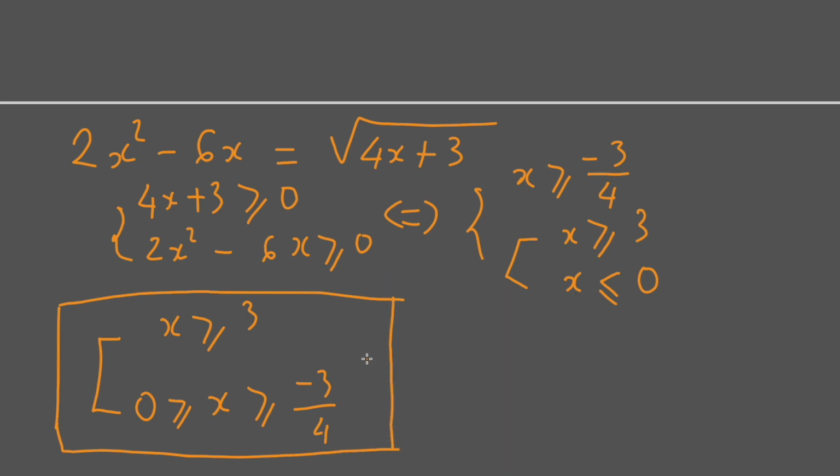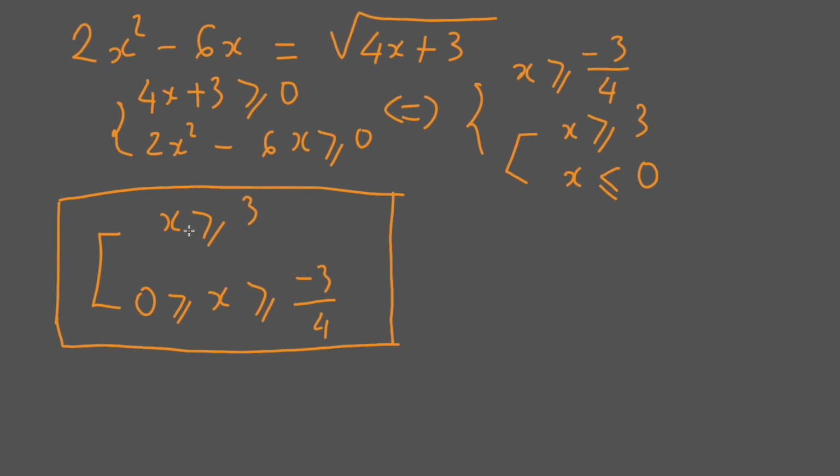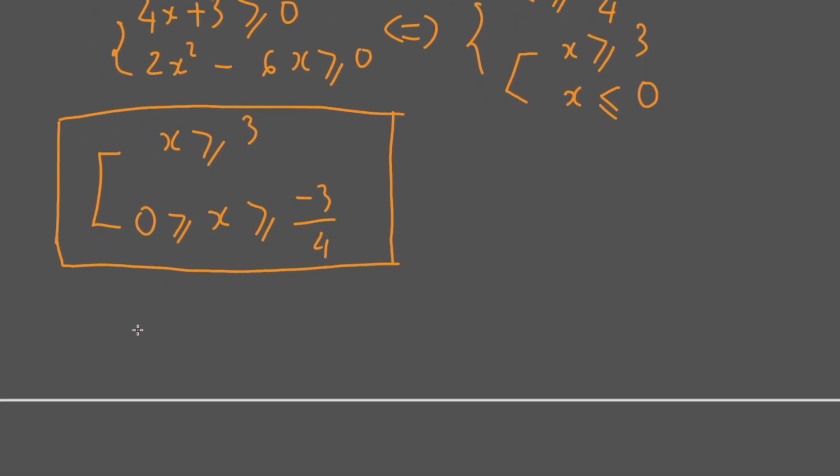Now we move to the main part of the equation. For this kind of equation, we put the substitution on the right side because the right side contains the radical. But how can we deal with the substitution?